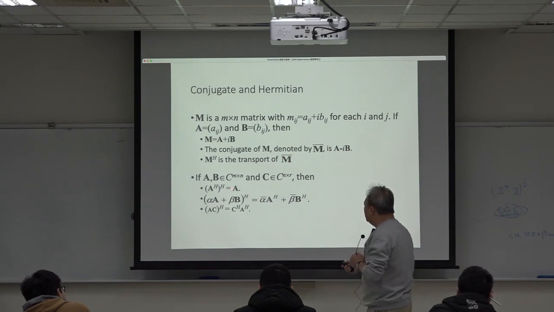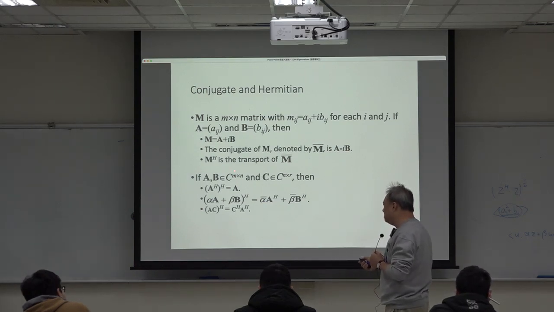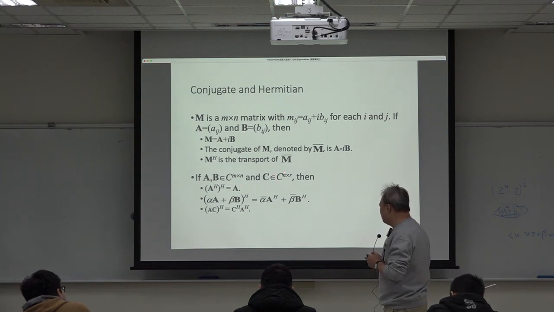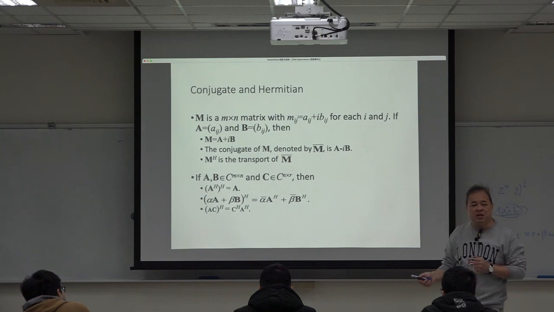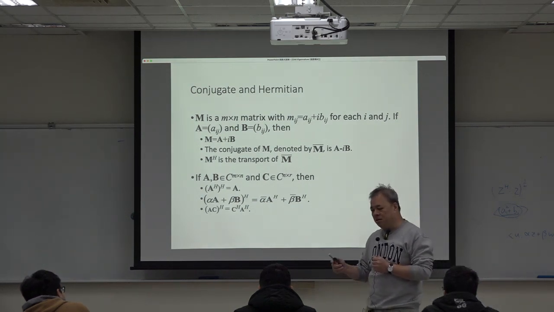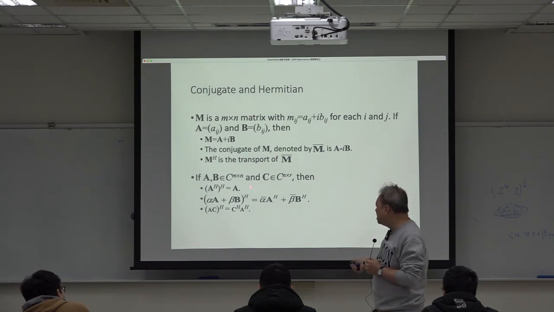So if A and B are complex m times n matrices, and C is an n by r complex matrix, then (alpha A plus beta B)^H equals alpha bar A^H plus beta bar B^H, and (AC)^H will be C^H A^H. Due to the time limitation, this is pretty easy to verify. For each A_ij, you just verify that this is the case.